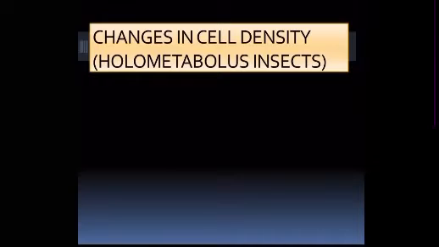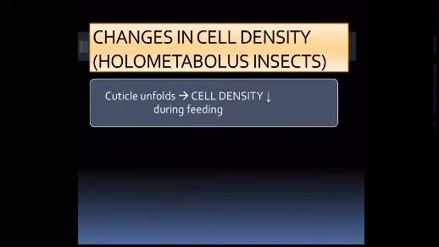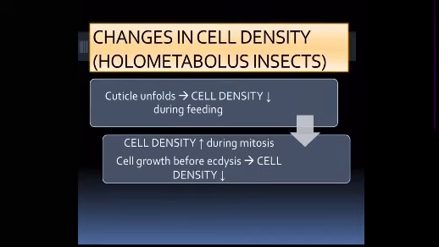As we all know, the larval forms have a softer and more flexible cuticle. So when the cuticle unfolds, cell density decreases during feeding because the cells spread out. And afterwards, it increases due to mitosis.